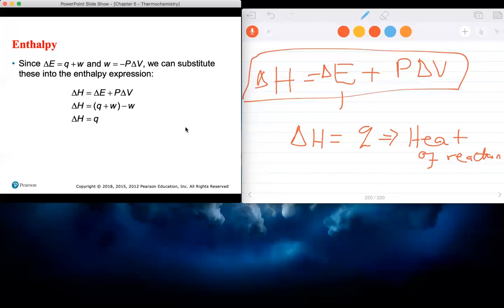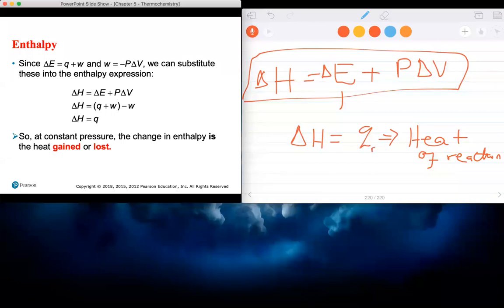All right, heat of reaction. And there is also an equation for this, which you need to know. If heat is gained, if heat is lost. Remember exothermic and endothermic reactions. If heat is lost, exothermic. If heat is gained, endothermic. So at constant pressure, sometimes you see this subscript P meaning constant pressure.